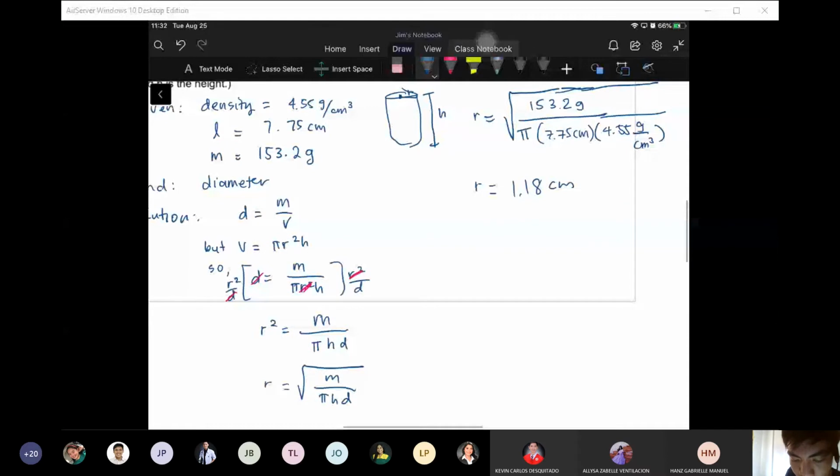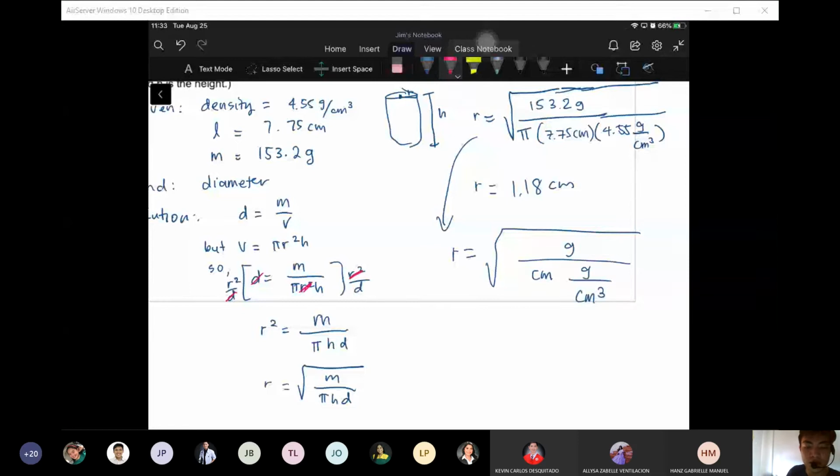So, that's square root of, nasa numerator, we have G, we have grams. For the denominator part, we have pi. Pi doesn't have any unit, so wala yun. Centimeter here. Then that is multiplied to another fraction, grams per cm cube. We can see that we can cancel grams as well as the cm.